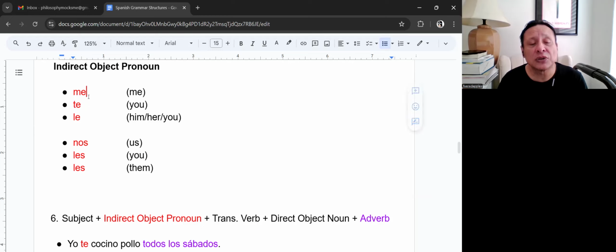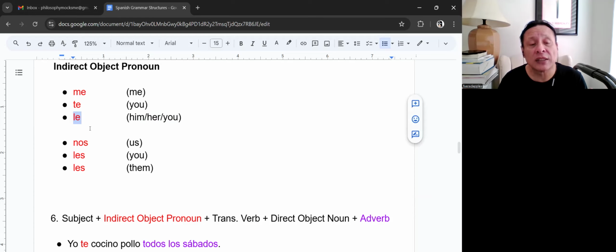So far, these two, indirect object and direct object, are the exact same for me and you. But remember, the direct object pronoun is lo, la. But here is just le. For all of these, for the him, for the her, and for the you polite, the usted. So it's just le, which is easier.